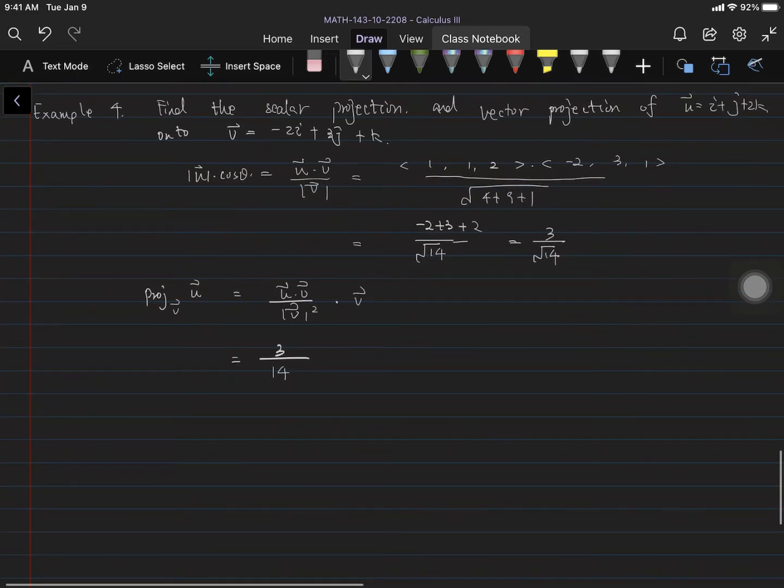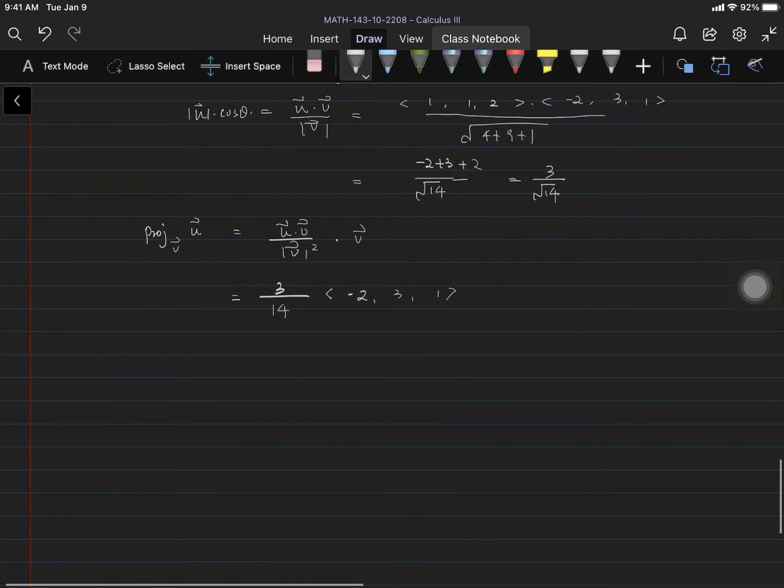So 14, and v vector is negative 2, 3, 1. Distribute the 3 over 14, so negative 6 over 14, or you can simplify into negative 3 over 7, so 9 over 14, 3 over 14. Okay, this is the projection vector.